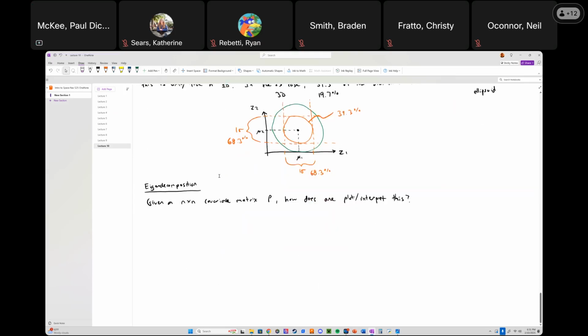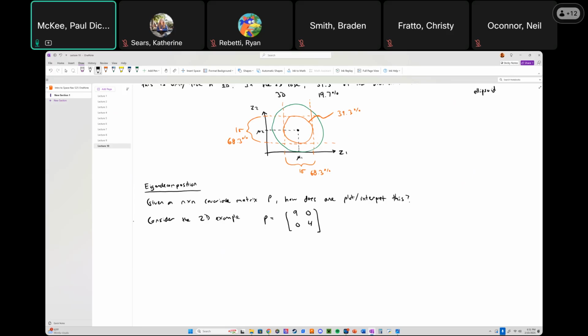Consider the 2D example where the covariance is 9, 0, 0, and 4. And you might immediately notice 9 and 4 are both perfect squares. And I did that on purpose because I'm lazy.